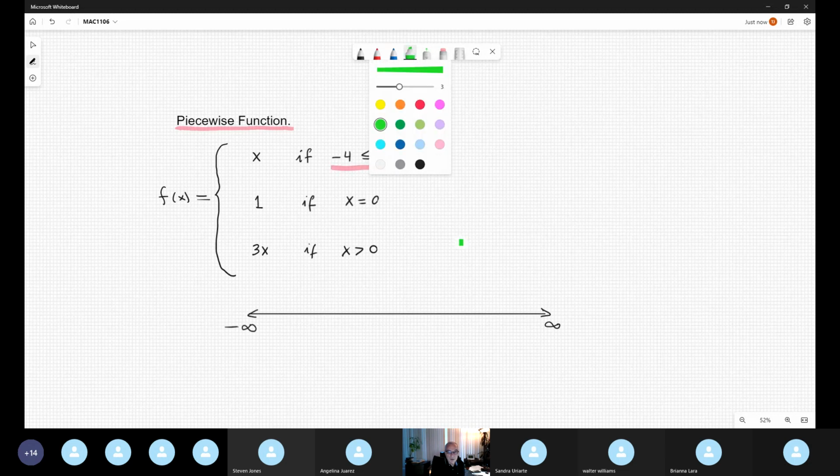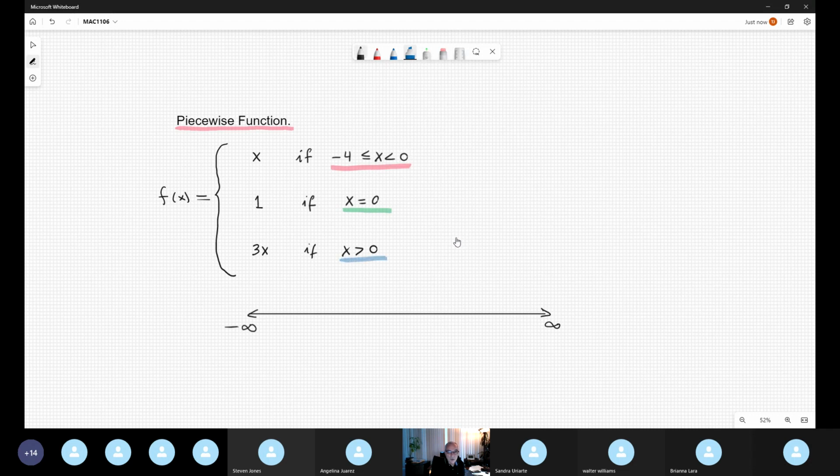This interval, green color. And this interval, blue color. Okay, so we start here, this is 0, 1, 2, 3, -4. The first interval, the red color, starts at -4 to 0. Let me use the color, red color. This interval.